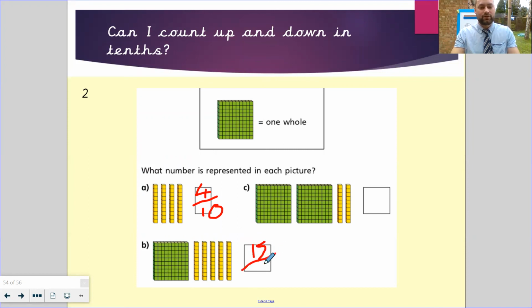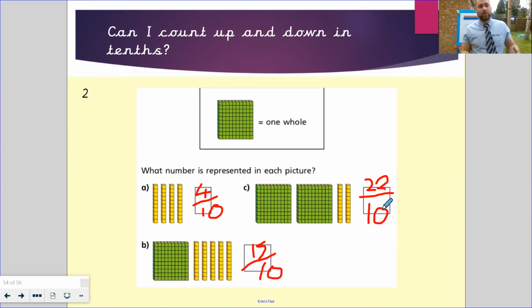And we're doing tenths, so it's 15 over 10. And then for this last question here, we've got 2 wholes. Okay, so that's 2 lots of 10, so that's 20 plus the 2, which gives us 22 over 10. And again, use objects around the house to help you.